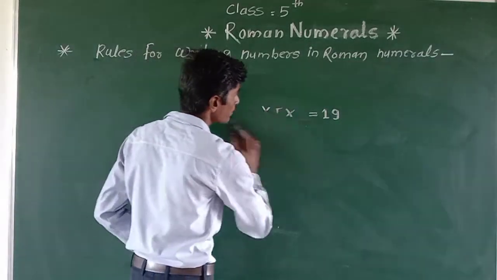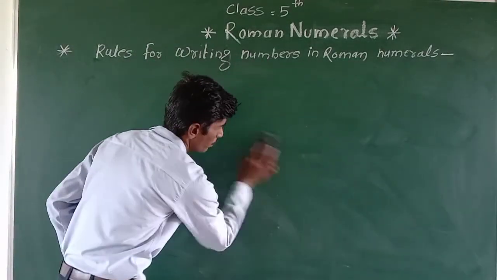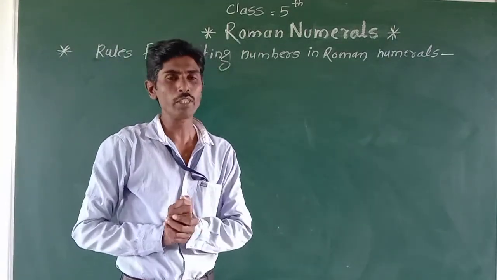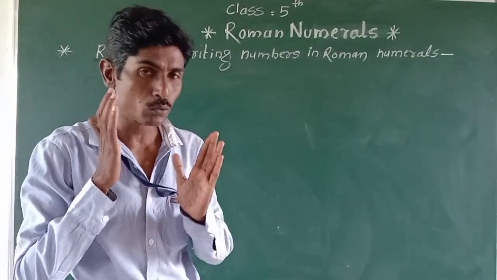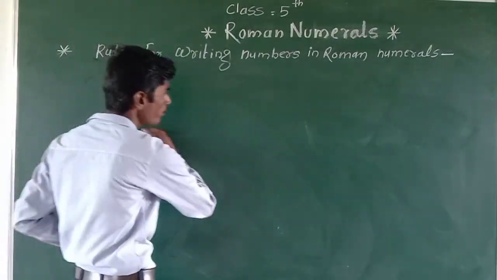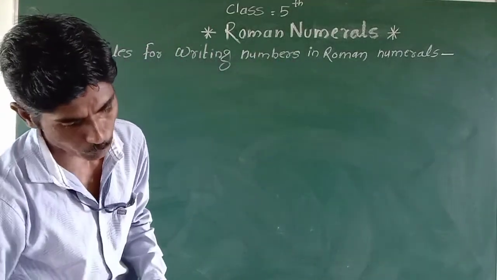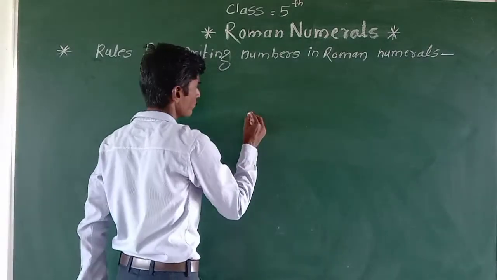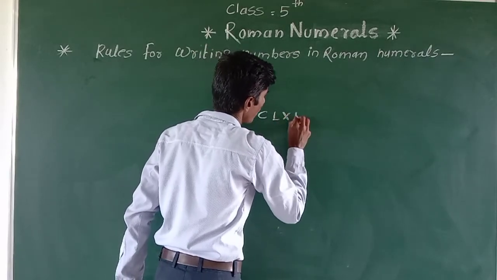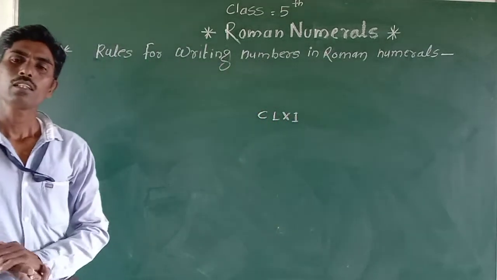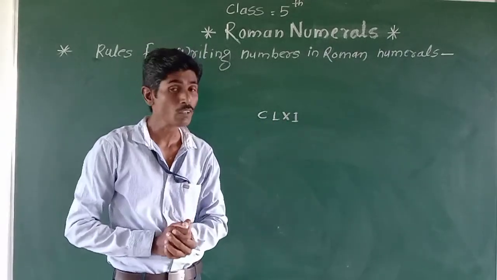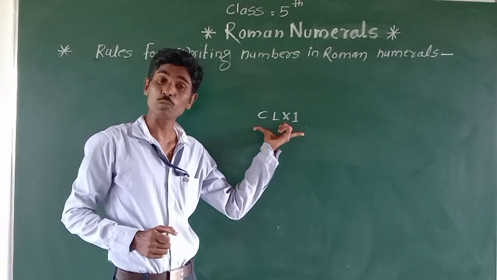After the rules we have seen already, now we will discuss how to do the addition of numerals. Suppose there are C, L, X and I. These are the numerals. What is the value of these numerals?